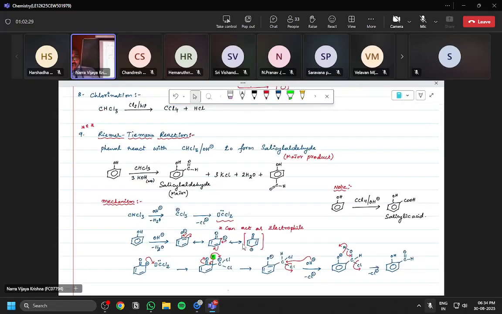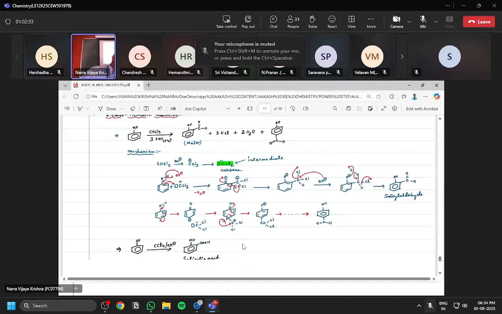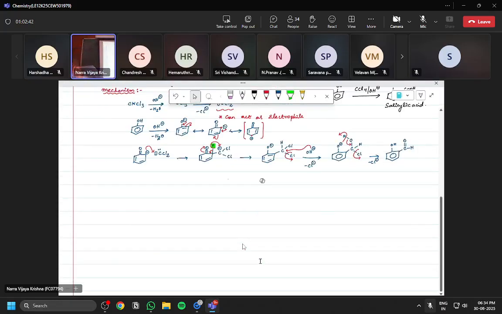Next, sir, I am taking one more example. Here, there is one previous JEE Advanced question, where most of them will give the wrong answer. See this example. I am taking one more aromatic ring, sir.